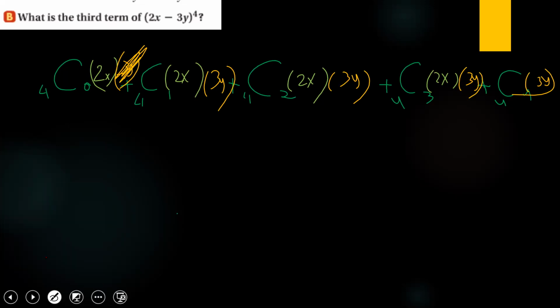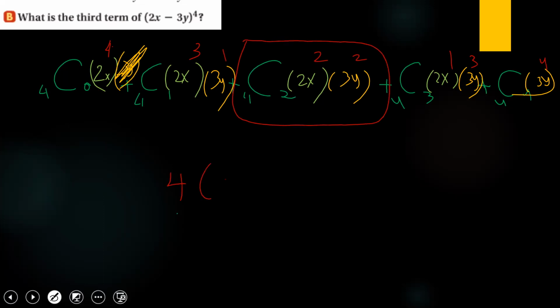Then let's complete here: 4, 3, 2, 1, and here we have 1, 2, 3, and 4. Now where's the third term? There's the third term. So it is 6 times 2x squared times 3y squared.